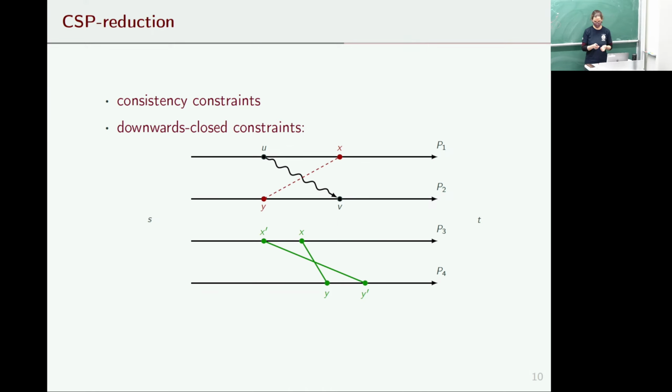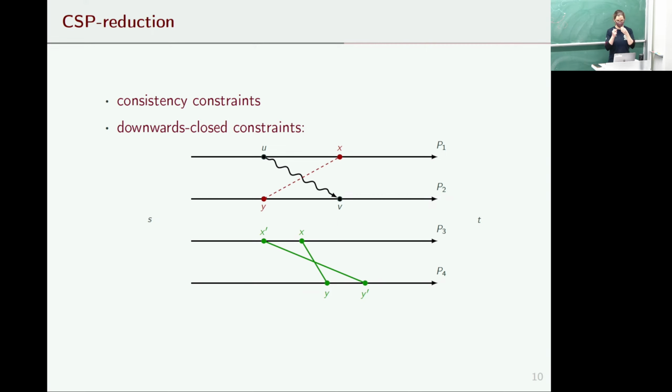For example, if I look at these two paths here, and I select x from here, and I select this y from here, and I still have this vertex before u on P1 and the vertex after y on P2, and a connection between these, then deleting x and y will not ensure that I do not have an ST path there, because I can just walk and switch the path.